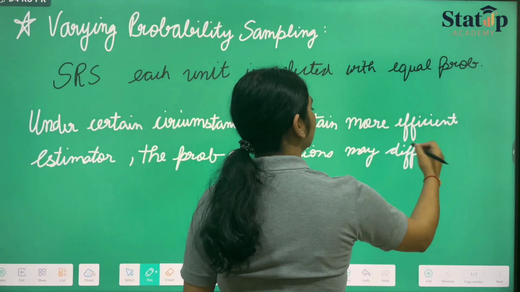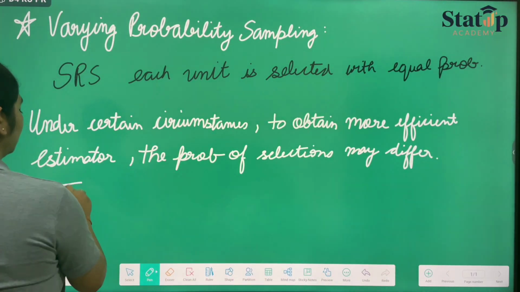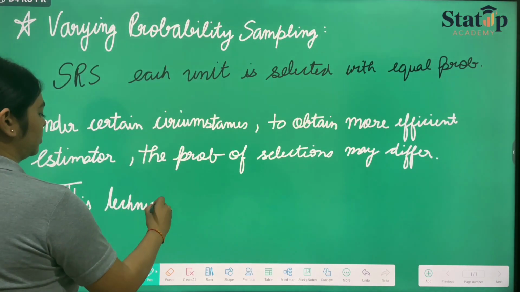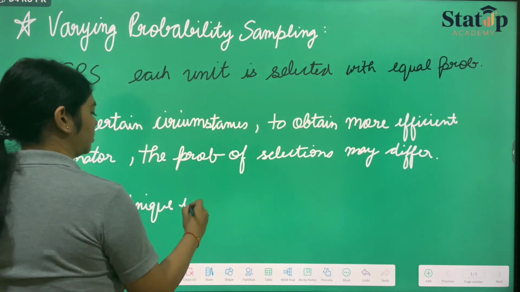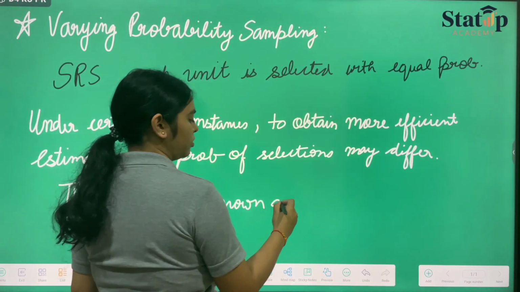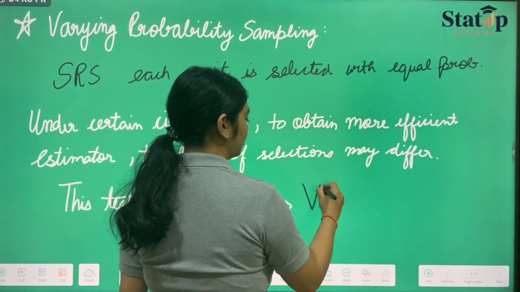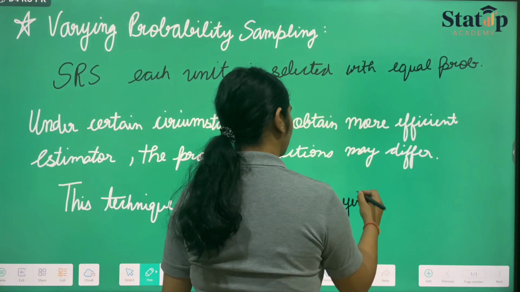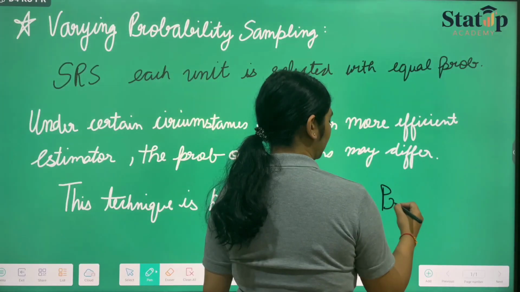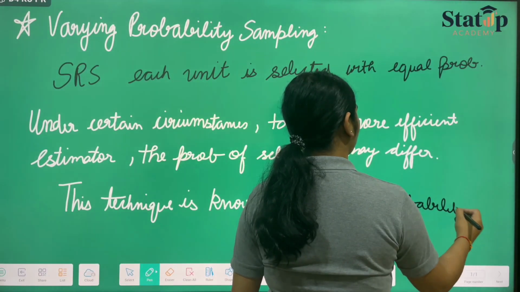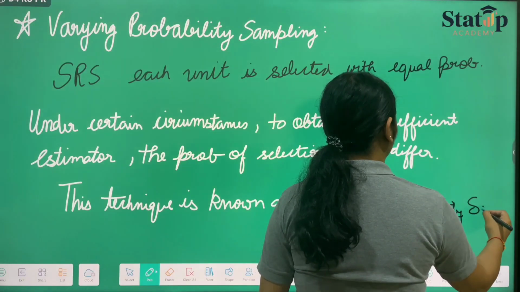And when this probability differs, then this technique is known as varying probability sampling.